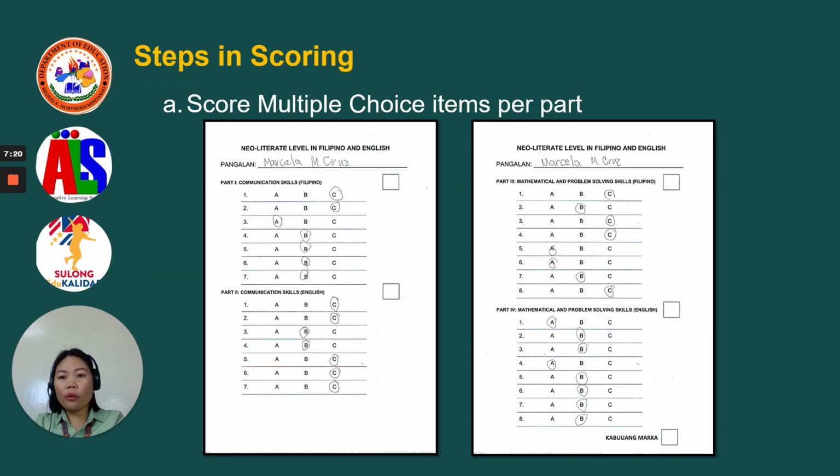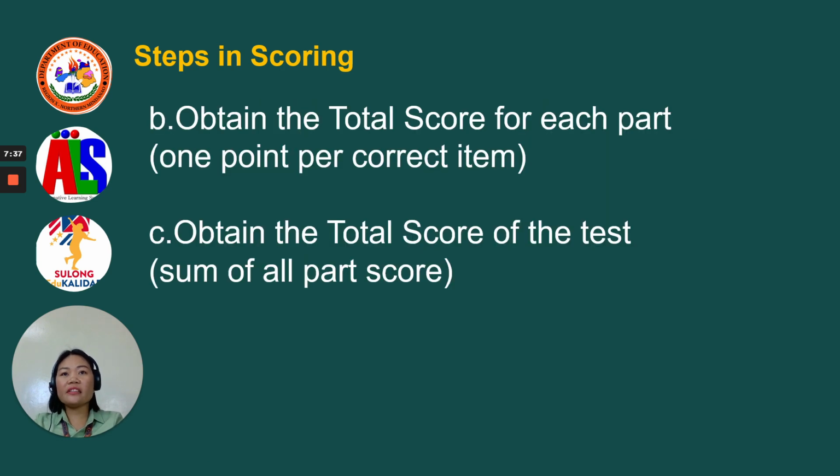You will score multiple choice items per part, 1 point for every correct answer, and you will be provided with the answer key. That's for the scoring. That's the first step that you will do in scoring. And afterwards, you will obtain the total score for each part and of the test also.